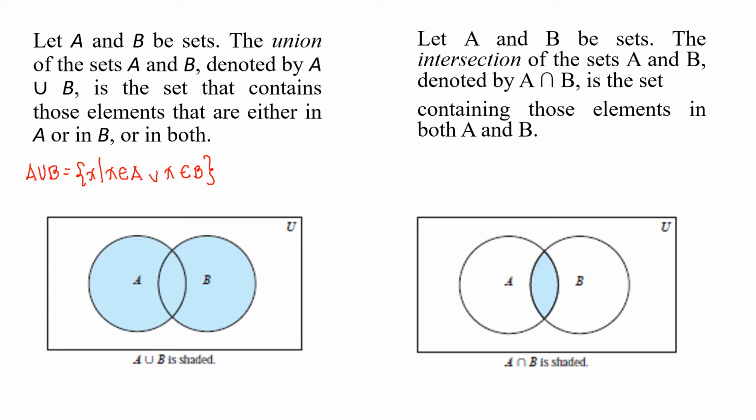So the intersection of set A with set B is the set containing x such that x is an element of A and x is an element of B. To illustrate in the Venn diagram, the shaded portion in this illustration would be the representation of the intersection between A and B. For example, say you have a set containing 1, 3, 5, and another set containing 1, 2, 3.